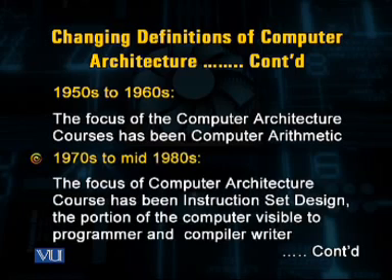Then in 1970 to 1980, the emphasis was on the design of the instruction set, which is basically partitioning the design of hardware and the design of software. However, the instruction set is the portion of the computer which is visible to the programmer.